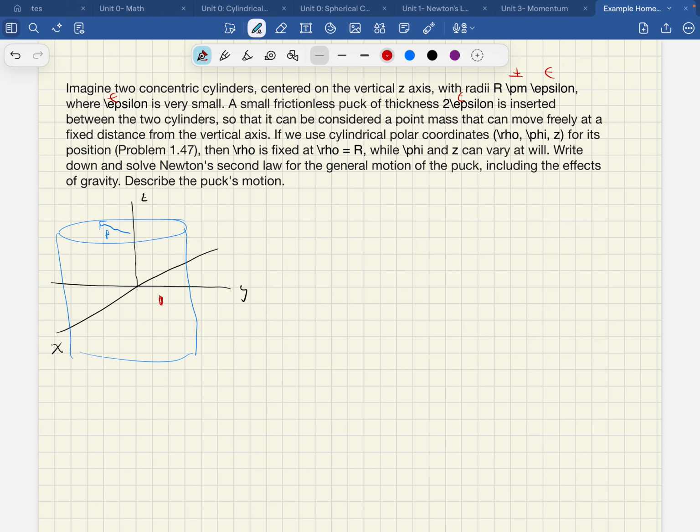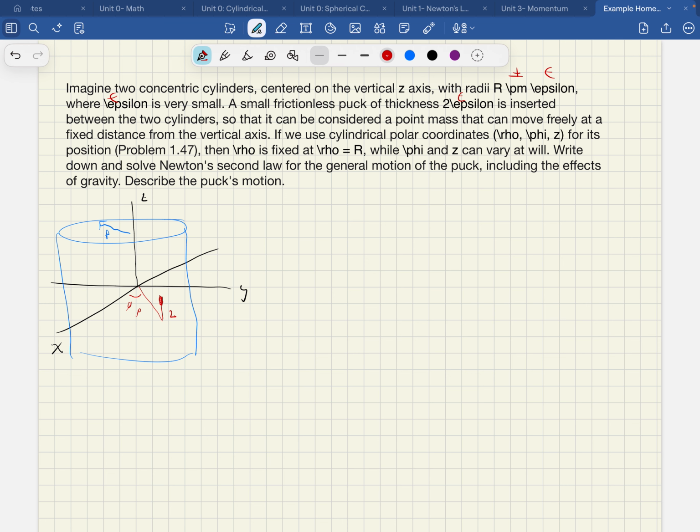And we'll say that it has coordinates rho, z, and phi. The way I've got it drawn, it's a little bit above the xy plane in the first coordinate of x and y.